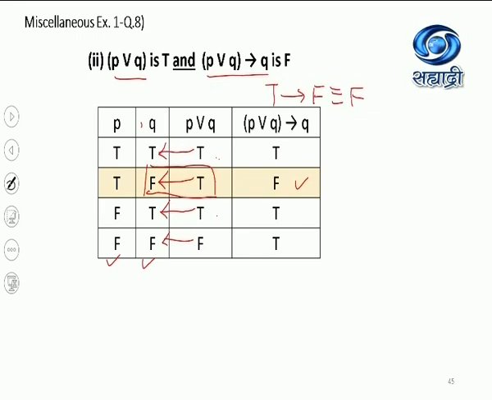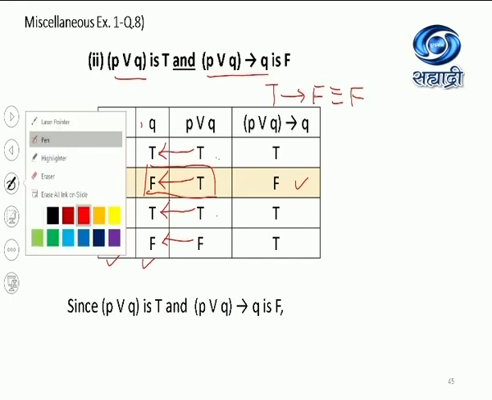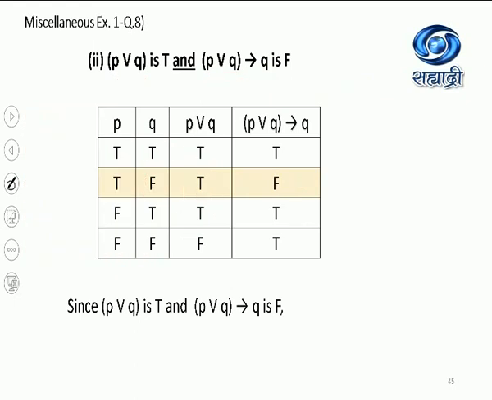Now I use the given information, that is P or Q is T and P or Q implies Q is F. I'll first erase the ink marks. Okay. Now where is P or Q is T? In all these three rows. And P or Q implies Q is F. Now where is it? It is here.